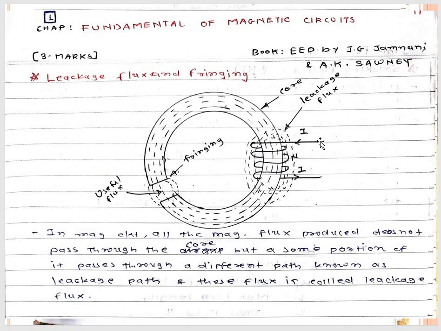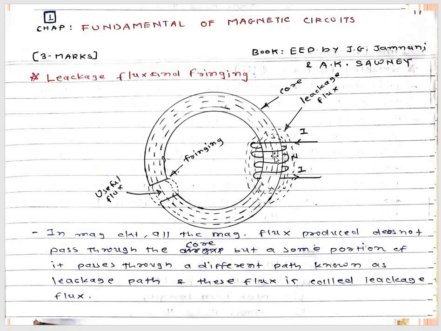Now, by applying current I in this winding having N number of turns, magnetic flux will be produced like this. These dotted circular lines are the notation for the magnetic flux lines.